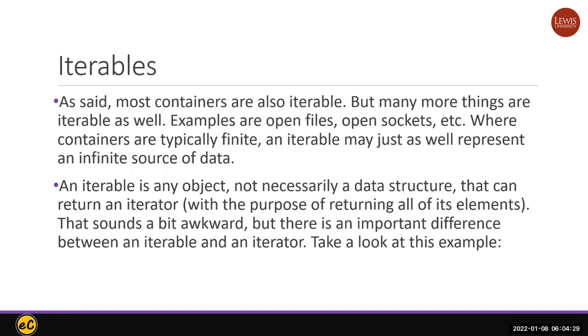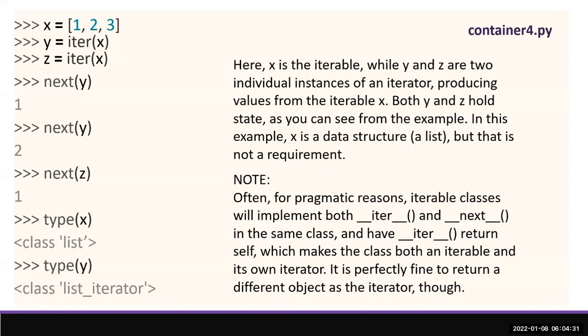So here we have a list 1, 2, 3. We create an iterator, that's y. We create another iterator called g, and y and g are two pointers, and we do next on these two pointers. We continue to do next.